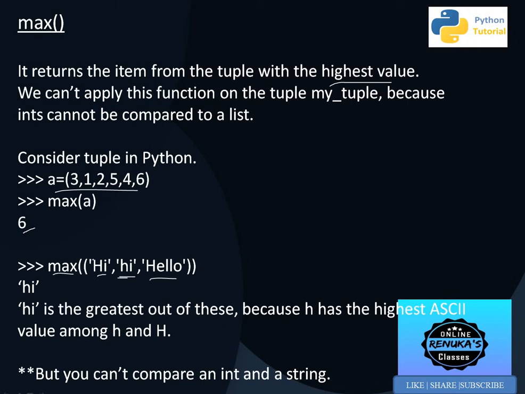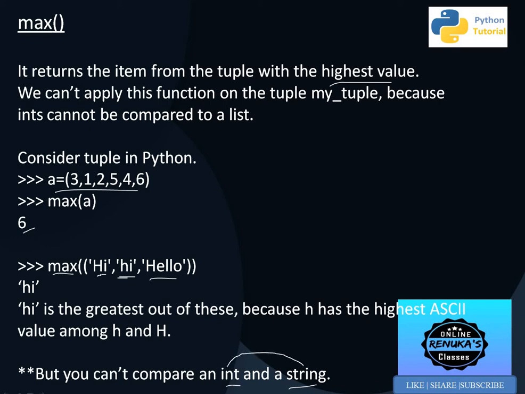But if a tuple has both string and integer values, we cannot find the maximum because we cannot compare an integer and a string. In spite of the fact that the ASCII table contains integer values for every character, that doesn't mean we can compare a string and an integer.